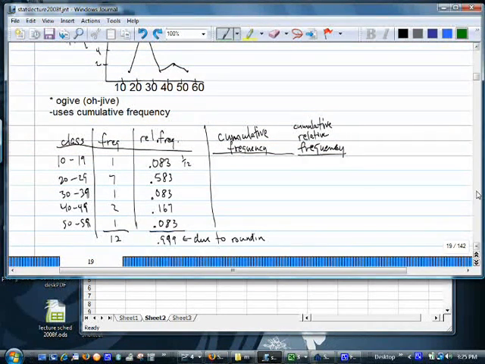That's your cumulative frequency. After the third class has been counted, how many do you have so far? After the fourth class, how many? 11. And after the fifth class, 12. So that is your cumulative frequency. It's how many you have so far.